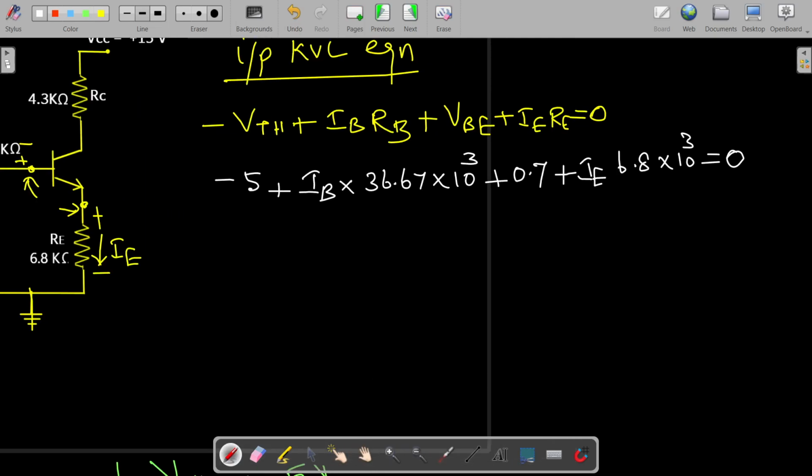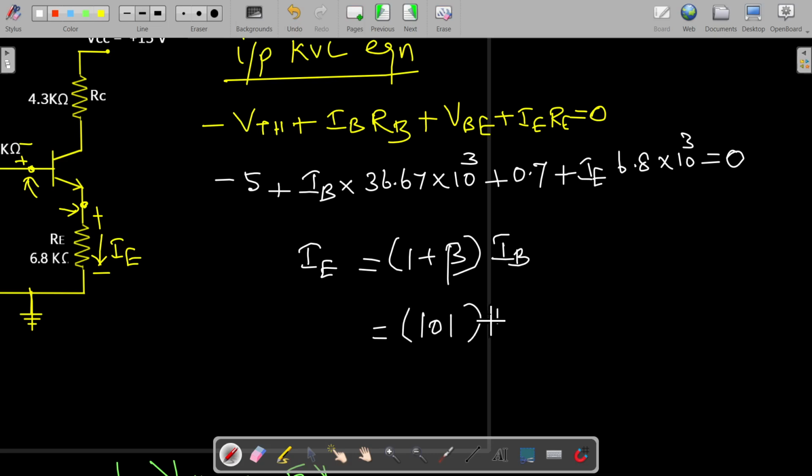But we know this IE and this IB are related with this equation: IE equals 1 plus beta times IB. And this beta value is given as 100. So it is 100 plus 1, that is 101 times this IB. So in place of this IE, we can substitute this, isn't it?